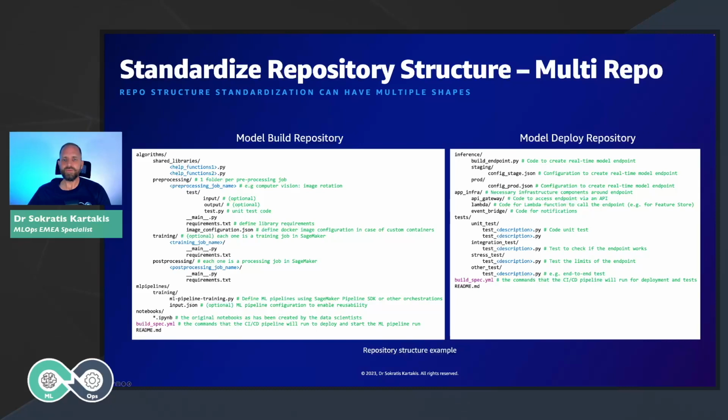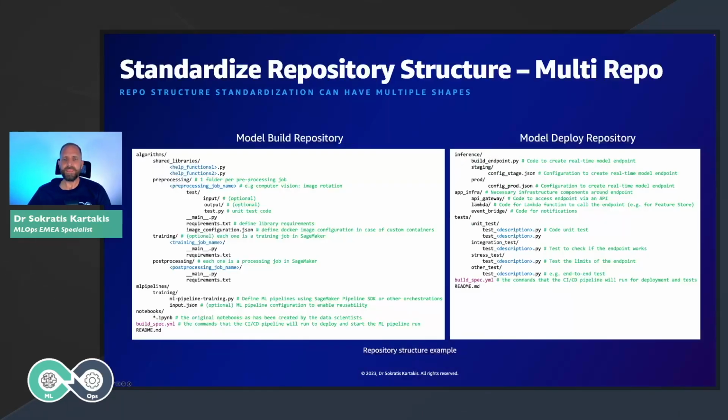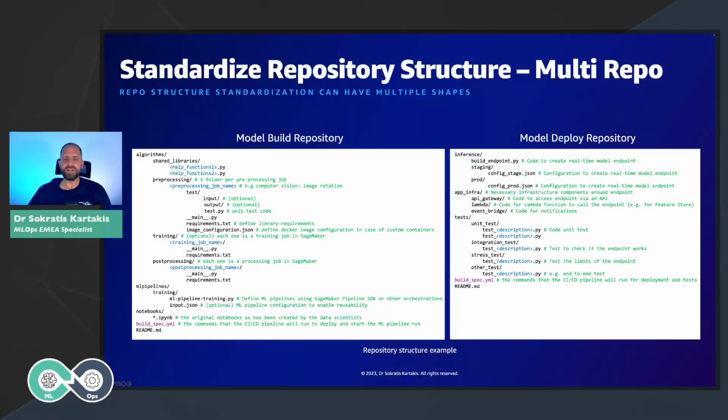All this code should go there. Or you can have other code about scheduling the batch inference, for example, so you can have EventBridge over there. And you need to have another test folder where you can store all the different tests like unit test, integration test, load test, or other tests that you might need to use.